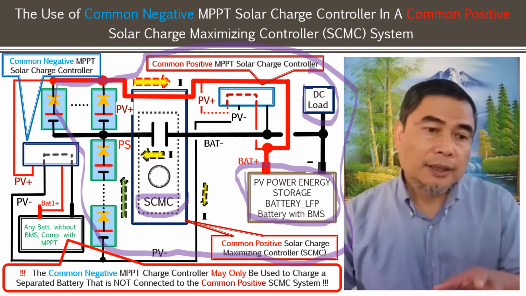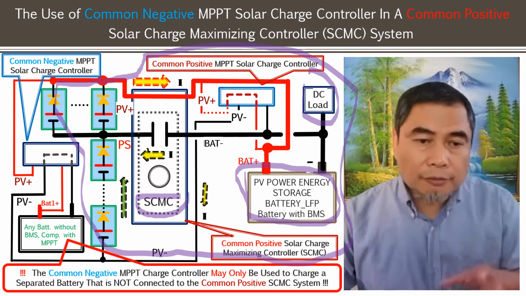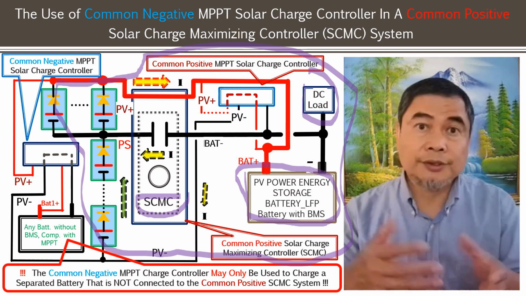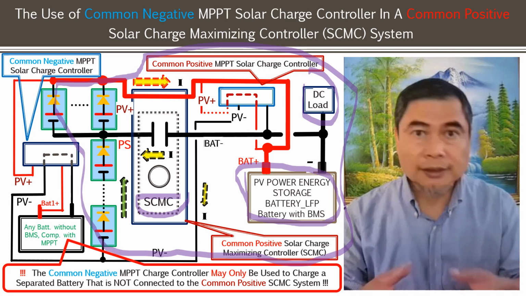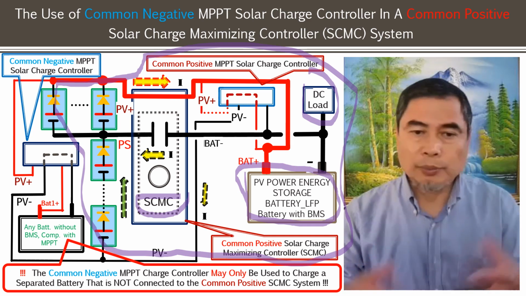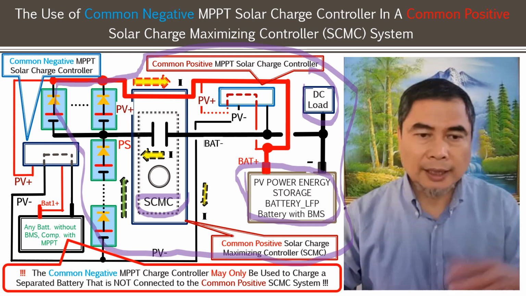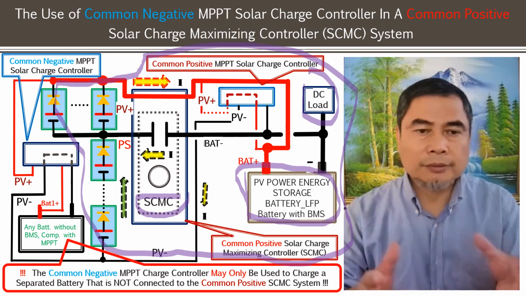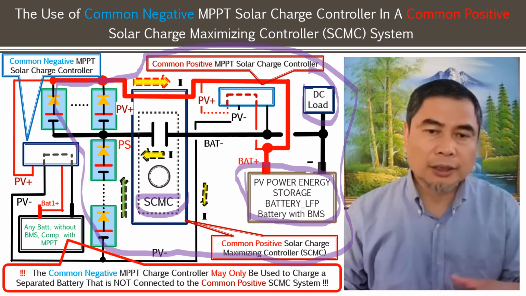By the way, in the diagram shown here you don't see any fuses, any DC disconnect, terminal blocks, or high current connections. It's only for illustration purposes. Those components we are going to talk about later.